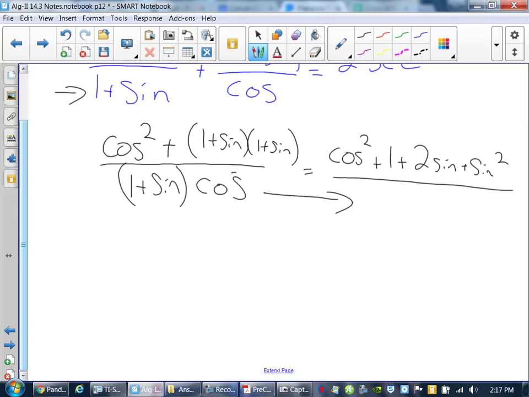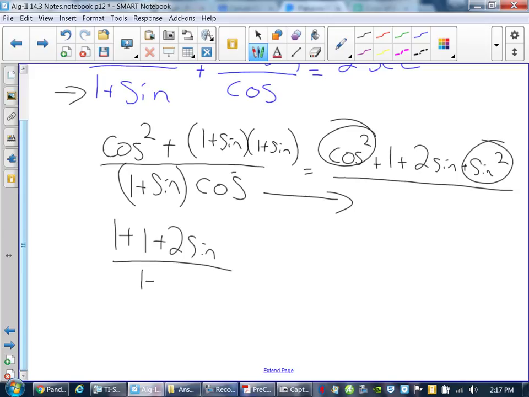Is there some identity that might be hiding there? Oh my God, there is. What is it? Right here, I have cosine squared plus sine squared, so I know that I can rewrite that as 1, plus 1 plus 2 sine. So now, what's 1 plus 1? 2.